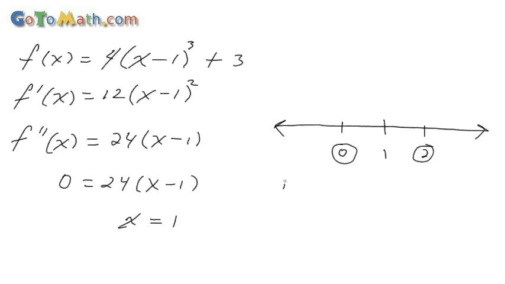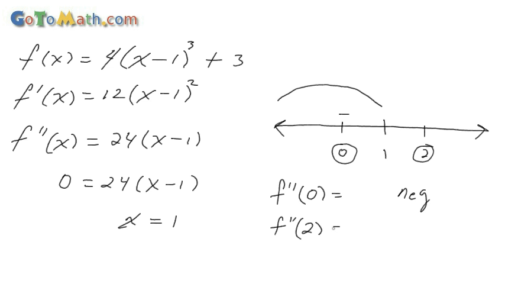This time we'll take 0 and plug it into the second derivative, and we end up with a negative number, and that's all we care about, whether it's negative or positive. Negative indicates from negative infinity all the way to 1 that the graph is concave down.